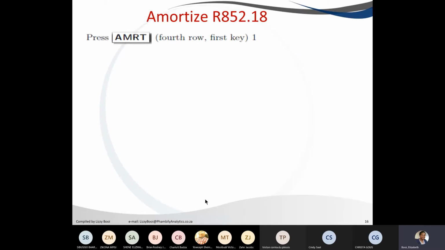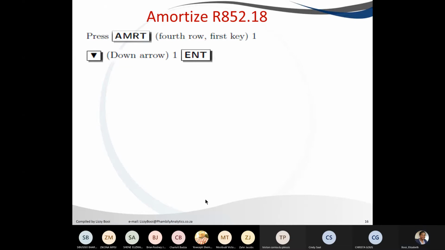The first step is to press the AMRT button and then press 1. Then you press the down arrow on your calculator, press 1 again and press ENT. Then press down arrow and you will see on your screen it will say balance and it will show minus 3447.82.